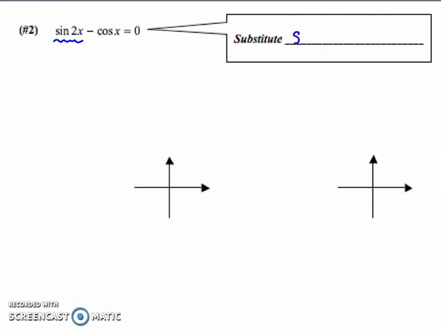So we know from our previous section that sine 2x is equal to 2 sine x cos x. So if we substitute that in for sine 2x, then our equation becomes 2 sine x cos x minus cos x equals 0. Now we still have sine x's and cosine x's mixed together.